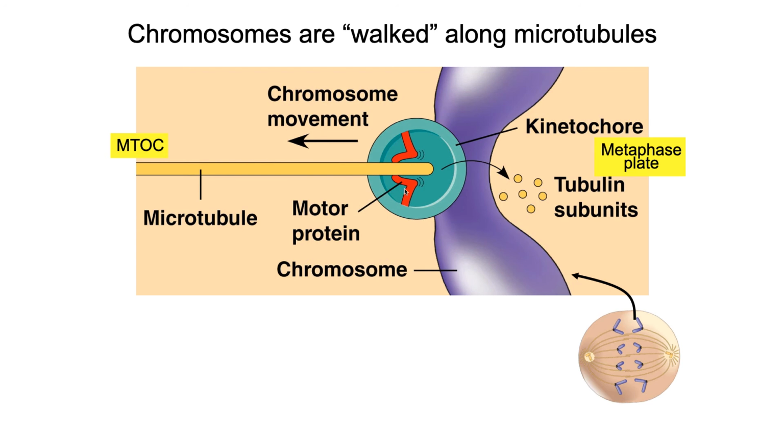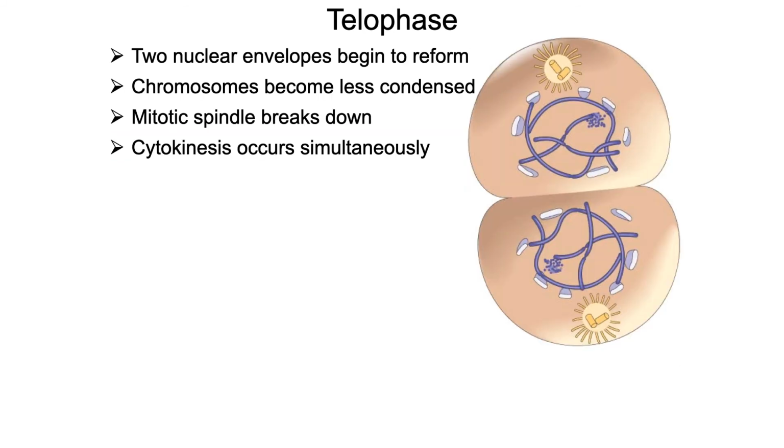And that motor protein uses ATP to move along that microtubule, dragging that chromosome along with it. So this is the way in which we get this movement of sister chromosomes to the opposite poles of the cell.